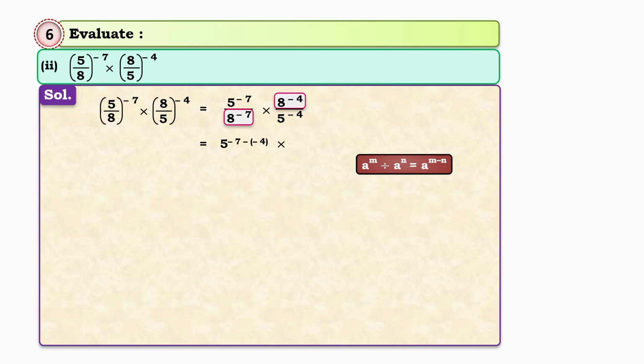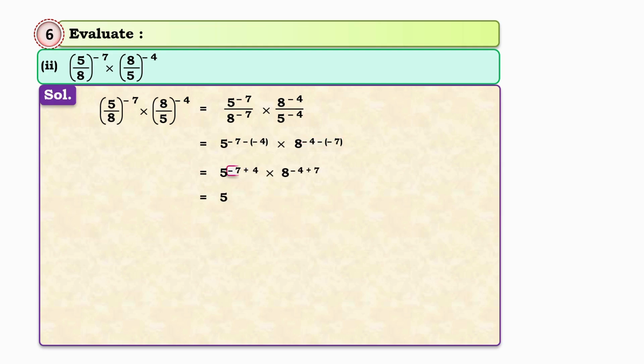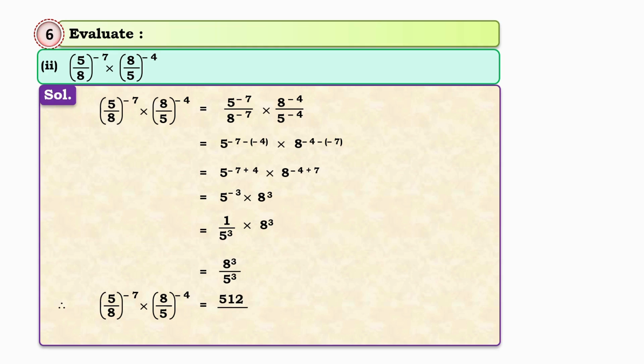So we are going to apply this law, and the 8s have the same base over here, so we'll apply the same law. Now simplify this. Now we are going to apply a to the power minus m equals 1 by a to the power m. If I simplify it, 8 to the power 3 is 512 and 5 cubed is 125. So 512 by 125. That is the final answer.